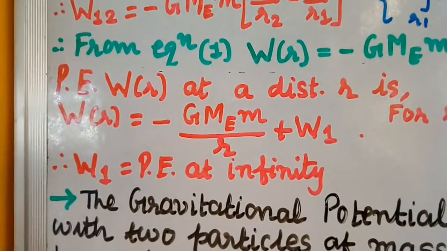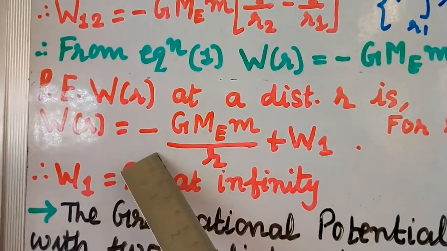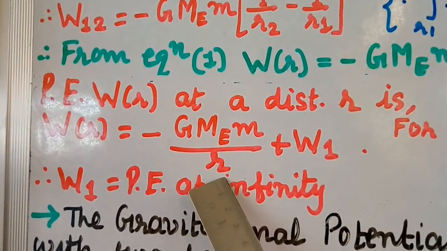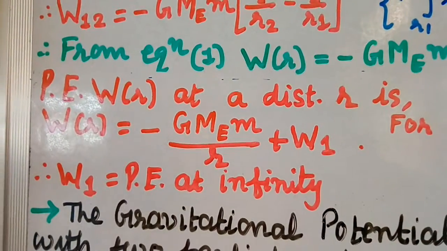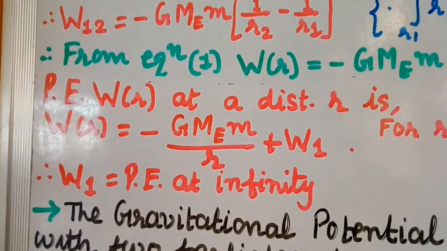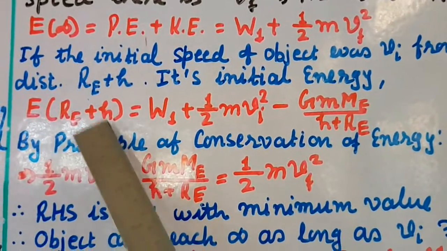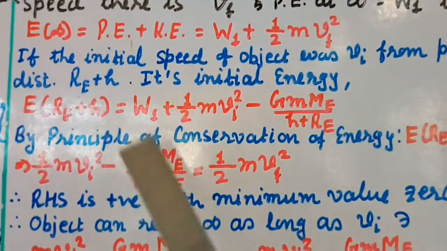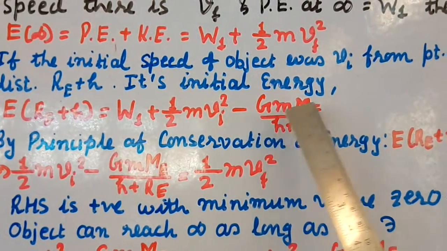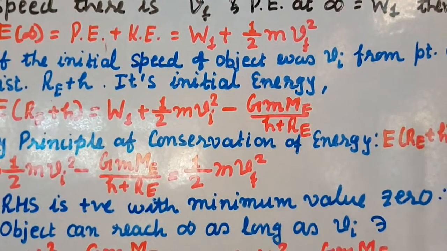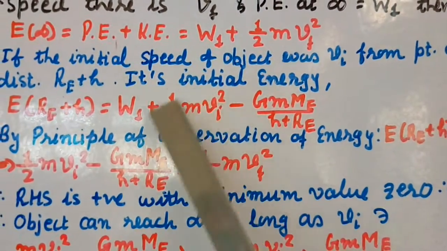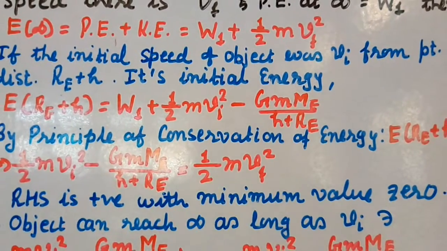The potential energy is minus G m Me by R plus W1. This is the potential energy not exactly at the surface, but at Re plus h, at the height h. So W1 minus G m Me by h plus Re is the potential energy, and 1 by 2 m Vi squared is the kinetic energy.